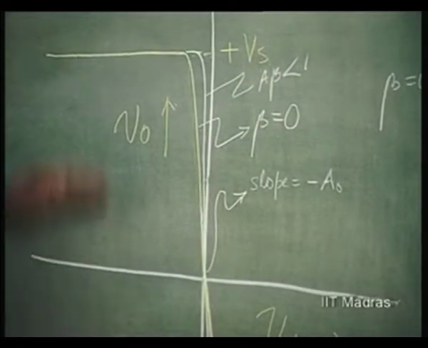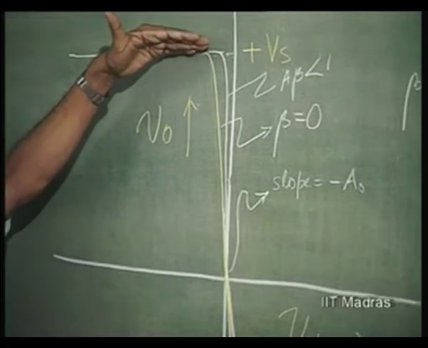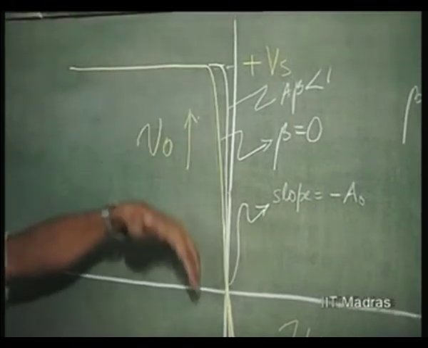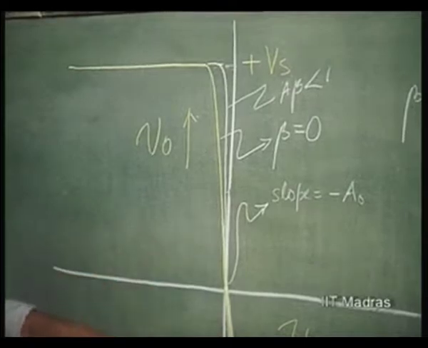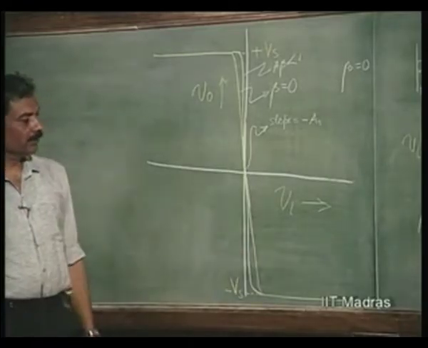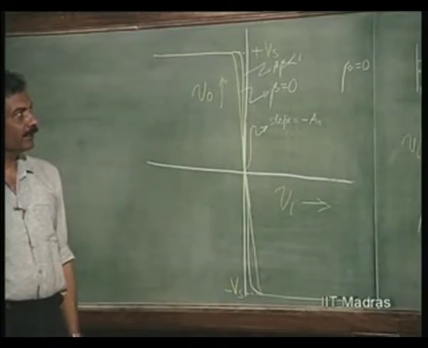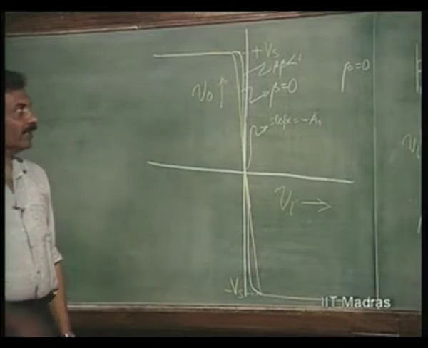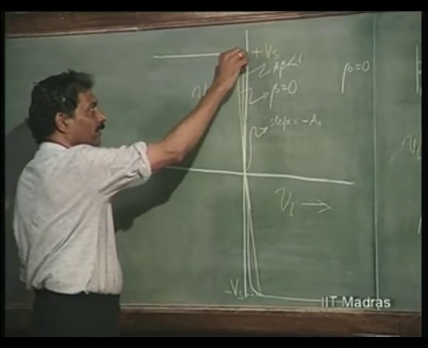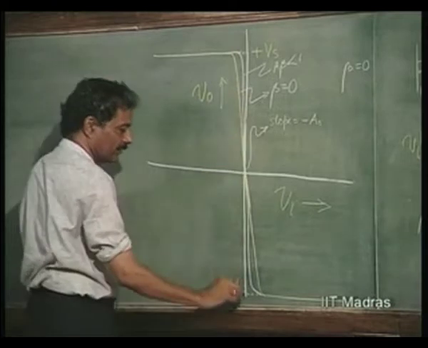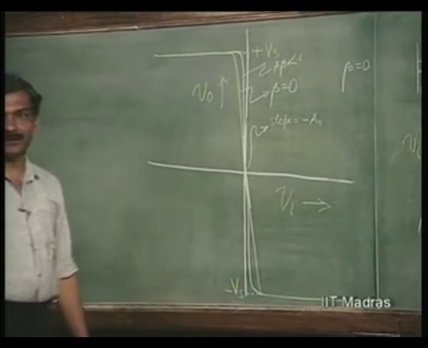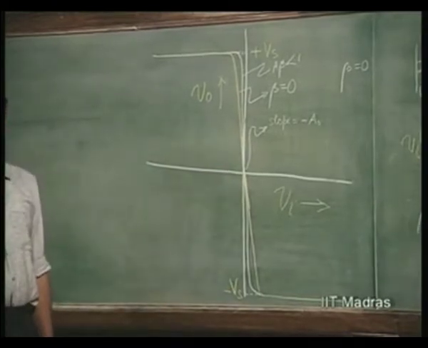That means actual gain is going to be more than the open loop gain. The slope is going to be more. Ultimately, at A beta equal to 1, it will be exactly the ideal amplifier characteristics. Gain is going to be infinity.